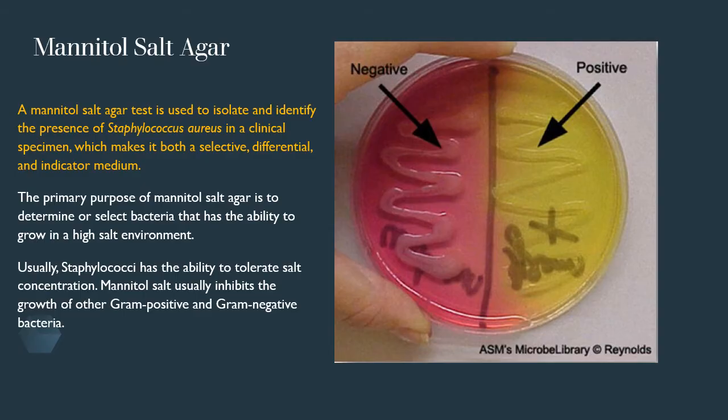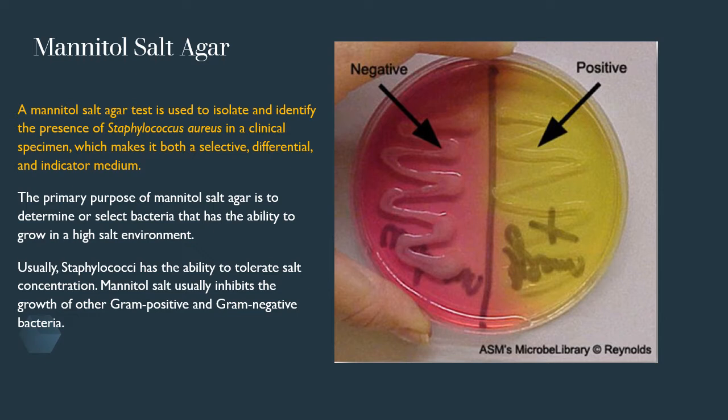Next is mannitol salt agar, widely used for Staphylococcus aureus. A mannitol salt agar test is used to identify and isolate the presence of Staphylococcus aureus in a clinical specimen, because it is a pathogen. So you can have a clinical sample tested using mannitol salt agar, which makes it both a selective and differential and indicator medium.